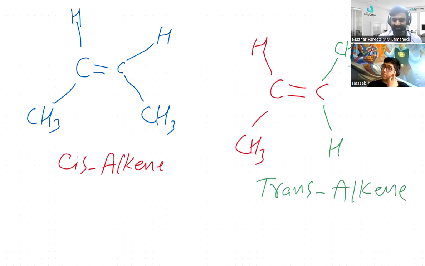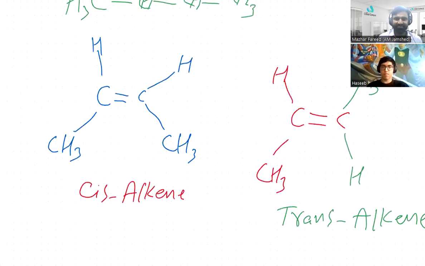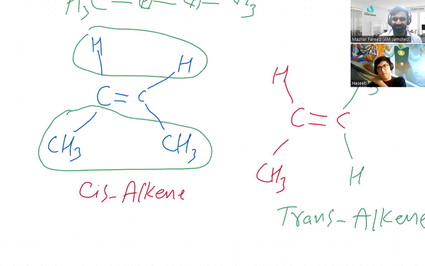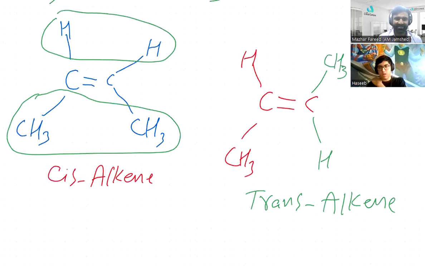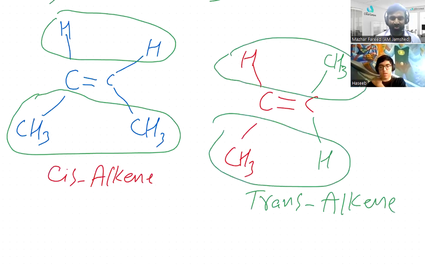You can see here, same atoms are present in the space. This is called cis, and this you can explain as different atoms present together in the space. The concept from this structure is very important, but this carbon must have 2 different atoms.